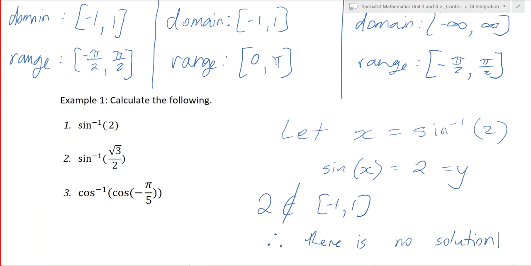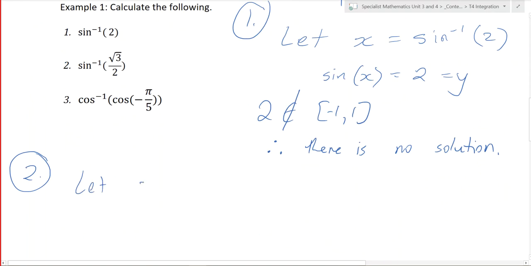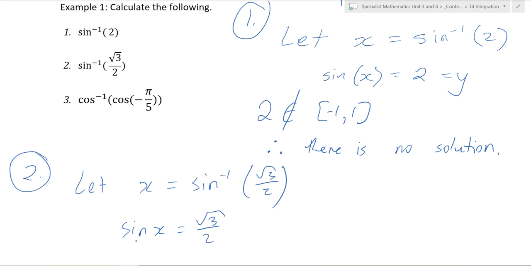Okay. So let x equal sine -1 of square root 3 over 2. Sine x equals square root 3 over 2. Now, grade 10 and 11, if you have sine x equal to something, you can use the special triangles.